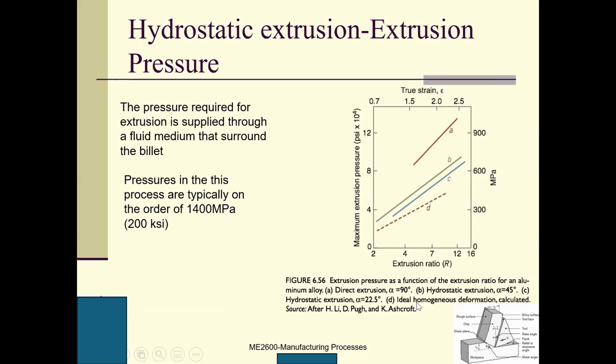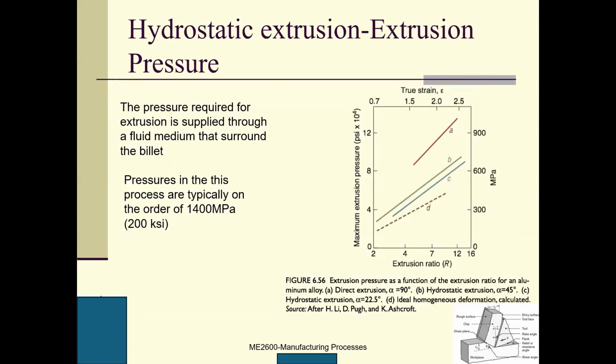D is idealized homogeneous deformation. This idealized one is for comparison only, right? Because always when we extrude something there is friction, so we will not have homogeneous deformation, we will have inhomogeneous deformation instead.